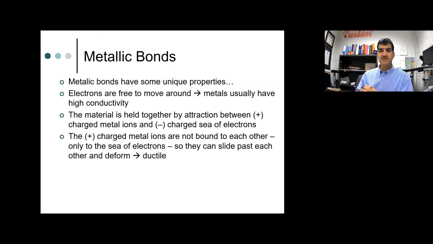And as I just said, the metal nuclei or the metal ions are not bound to the other metal nuclei or metal ions. And so they can slide past each other more easily, which is what makes metals relatively ductile compared to other types of crystalline lattice structures. Crystalline is another word that just means an ordered periodic structure, a solid structure.